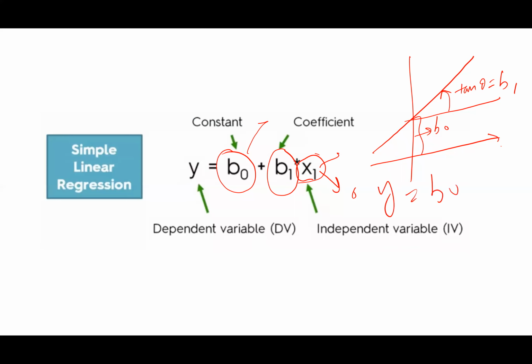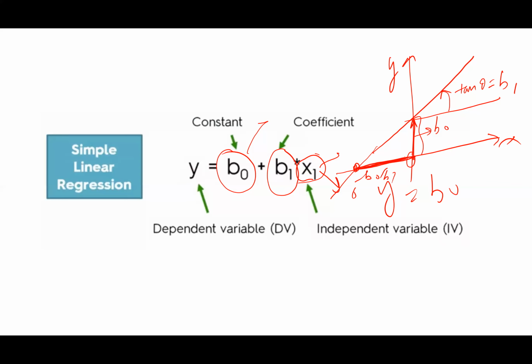And when my y is equal to 0, my x is going to be minus b naught by b1. So this point, right?